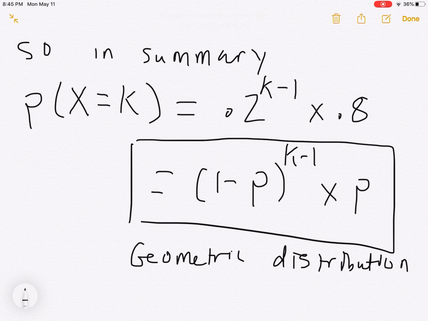And one of the key things you're going to be asked to do is to recognize the geometric distribution. A key thing that happened here was that the random variable x was the number of trials until the first success. That's important to recognize when you read the problem description. Okay?